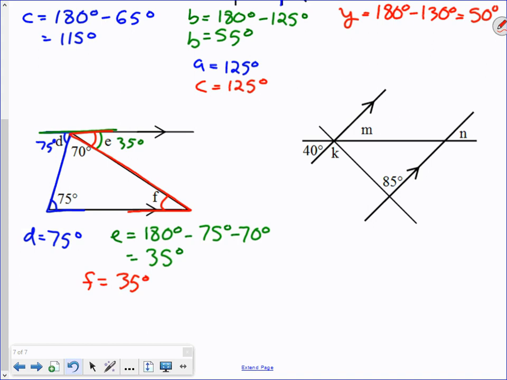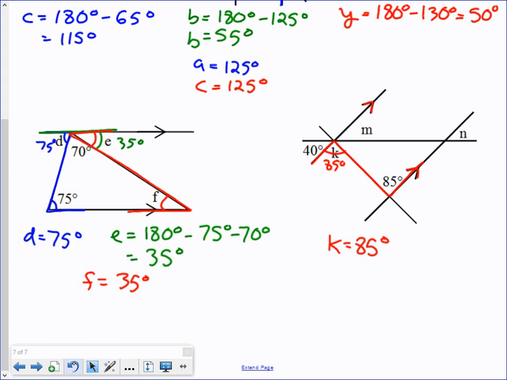Our last one over here on the right side, we've got K, M, and N. We could start with angle K. We've got a little bit of a Z pattern right here because this line and this line are parallel. So that tells me right away that K is going to equal 85 degrees.